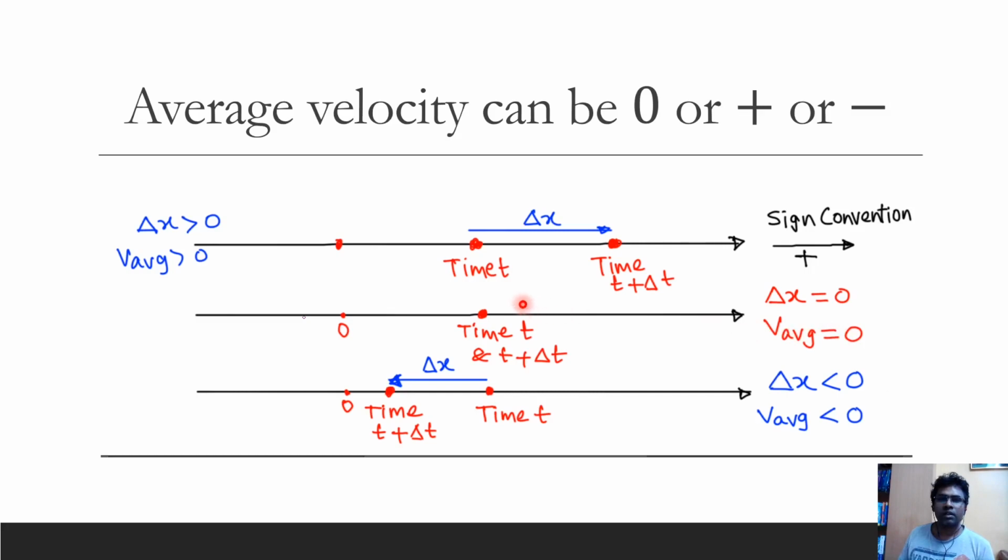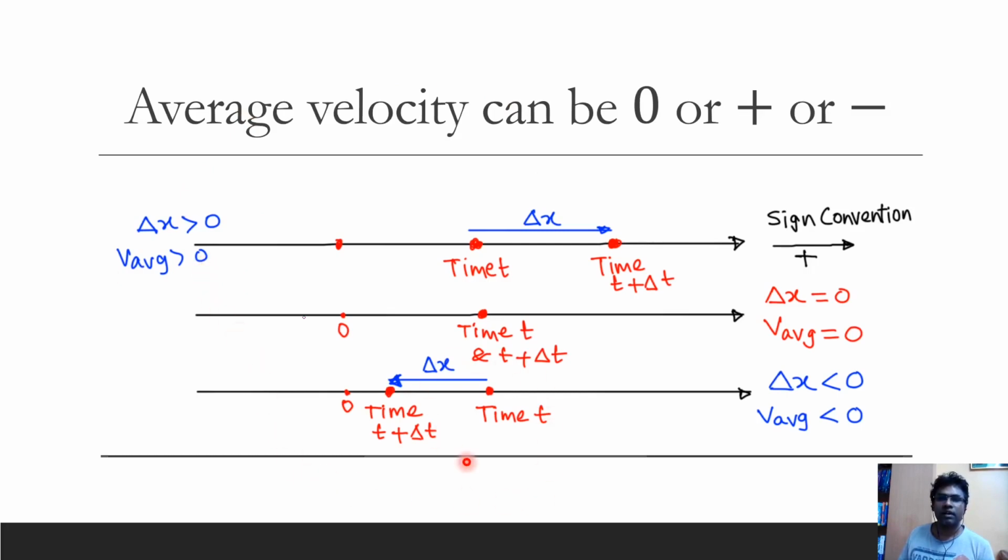On the other hand, if the displacement is positive, the particle should be displaced in a direction which we consider to be positive. Here the sign convention says that any vector that points to the right is taken as positive. So if the position at time t plus delta t is greater than the position at time t, we say the displacement is positive, and hence the average velocity is positive.